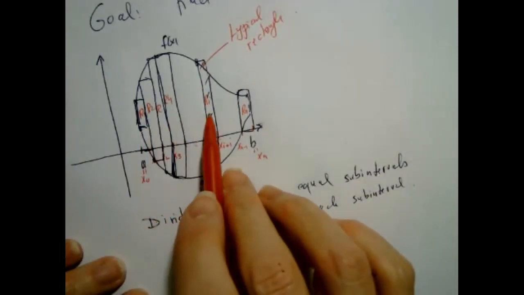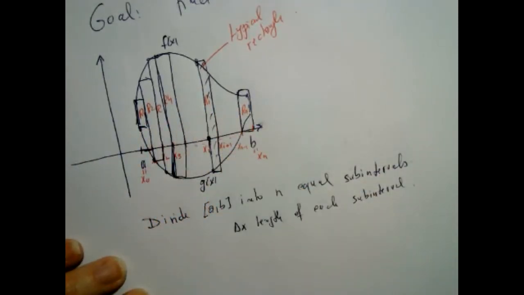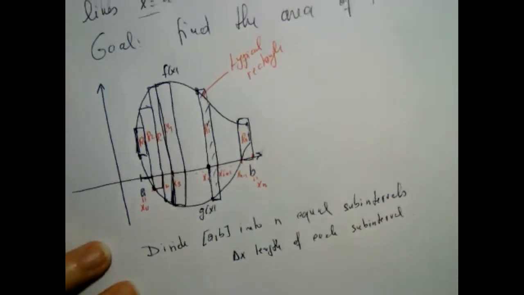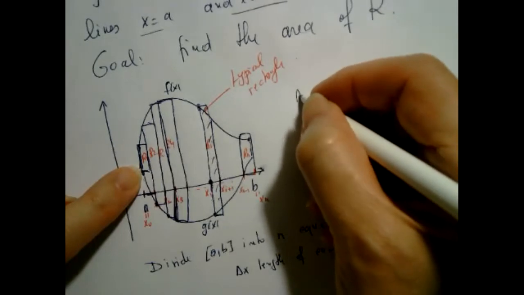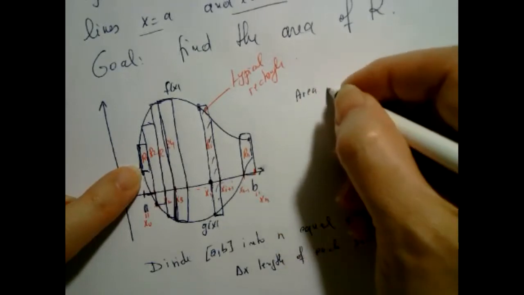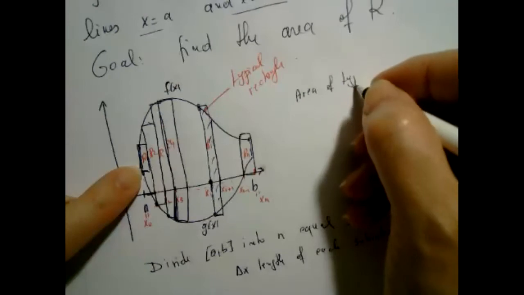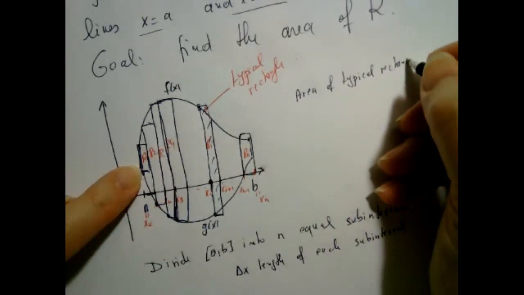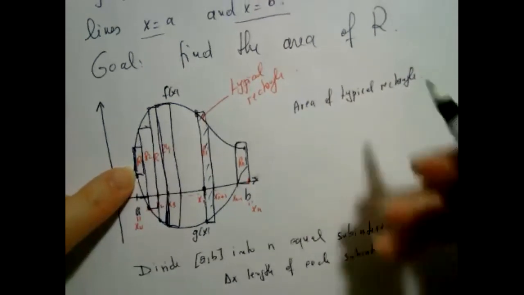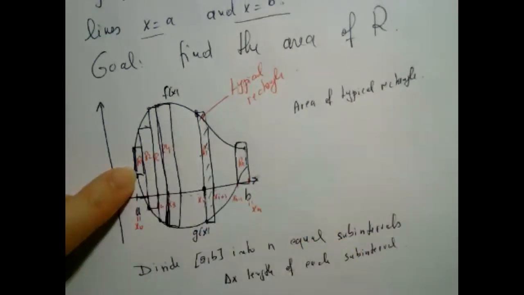Now I'm going to compute the area of each one of them and then add them. But since all of them look like this rectangle, I'm going to focus on the area of what I will be calling the typical rectangle. So what do I mean by typical rectangle? It's the rectangle that represents every one of the others. It's the representative for everyone.